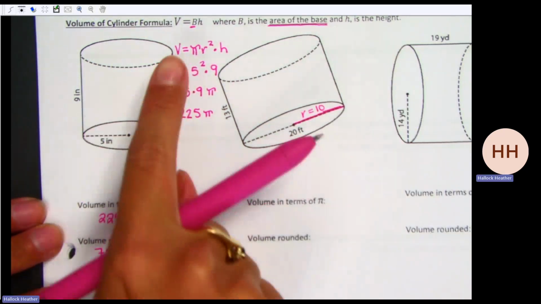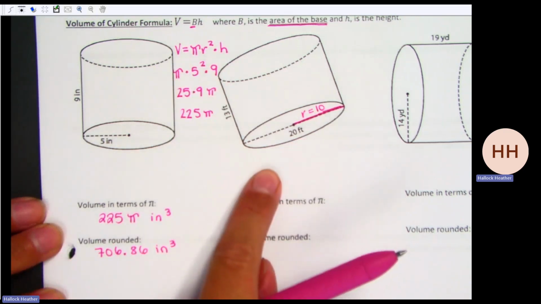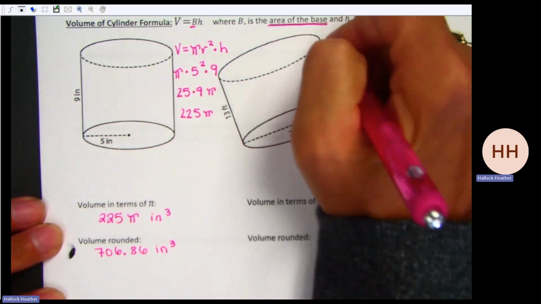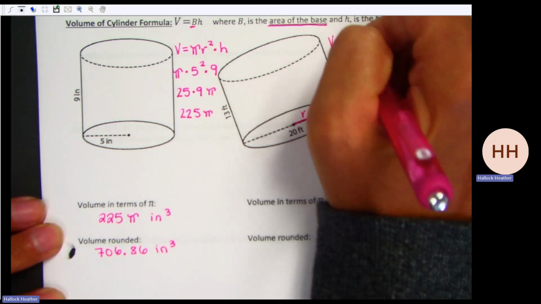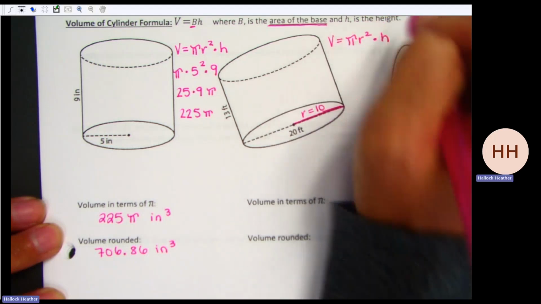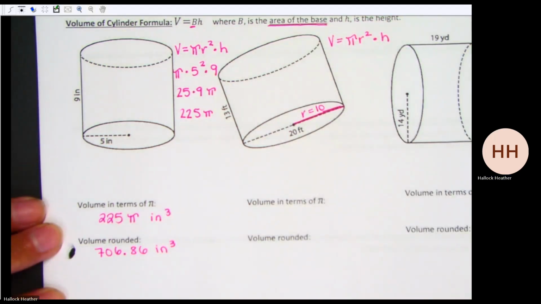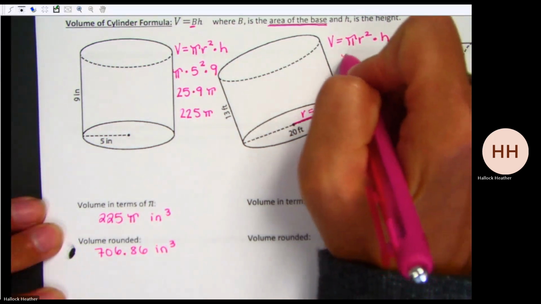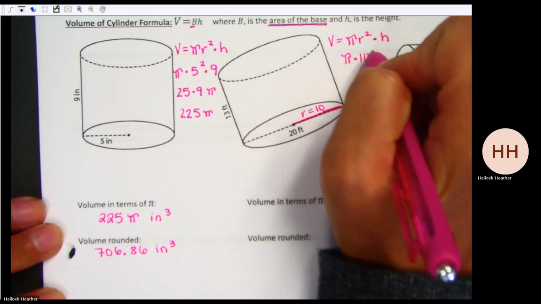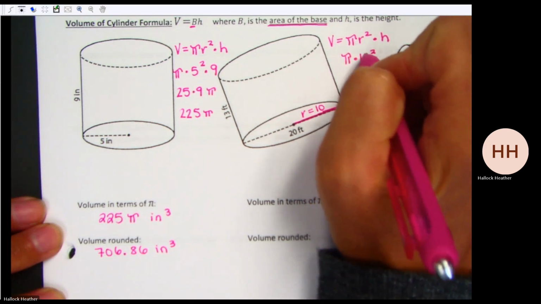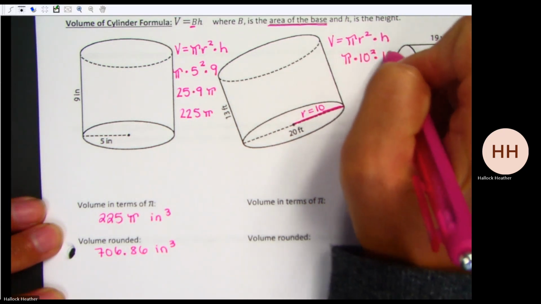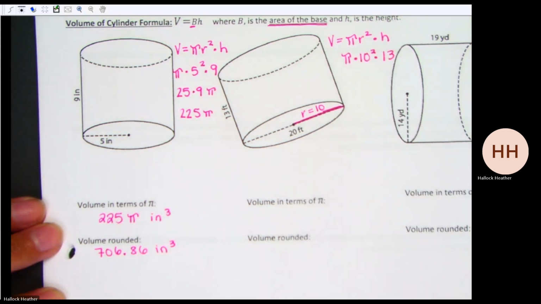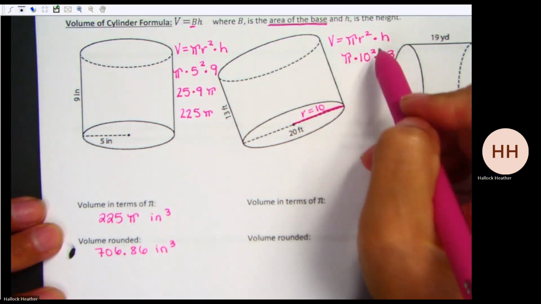So I'm using the same formula because my base is a circle. I'm doing volume equals pi r squared times the height of the cylinder. Ten squared is 100.